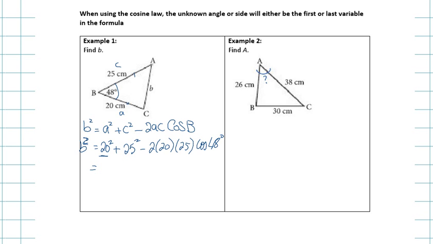But this right here, you have to enter it all together. Okay, you have to do 2 times 20 times 25 times cosine 48. Or you enter it all together, if you can do that on the calculator. So I'm going to enter each so you guys see that.